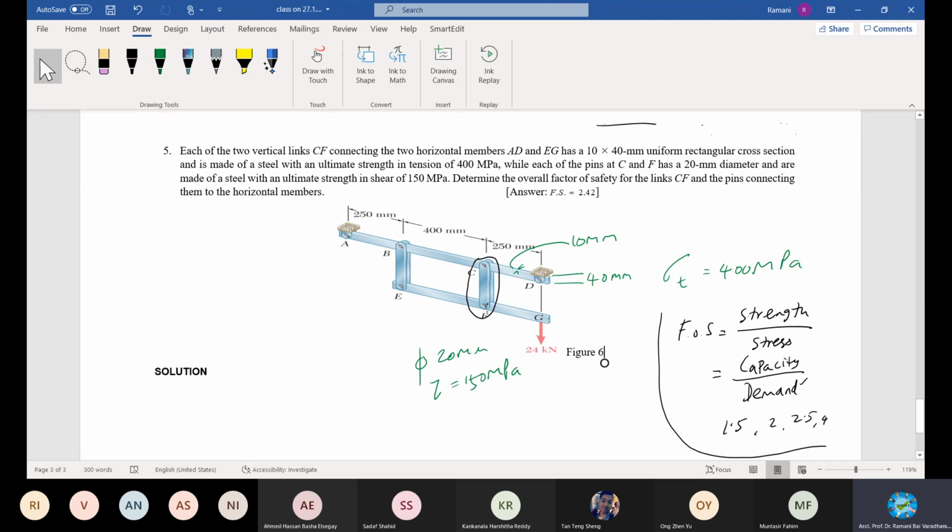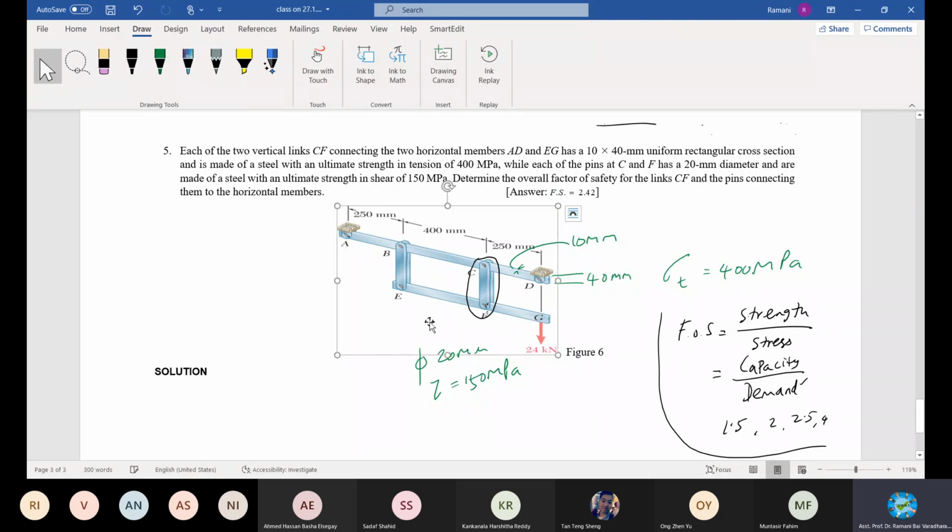So as a layman, you can understand and imagine what will happen if this loading is happening at this point with this pin. Okay, having understood, let's take the point of interest at designing CF.